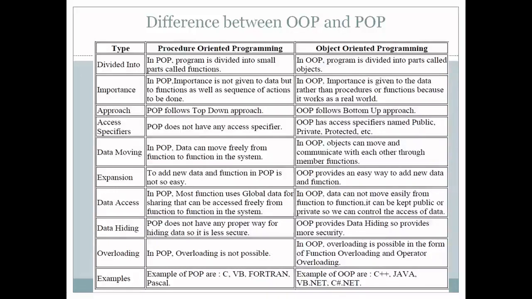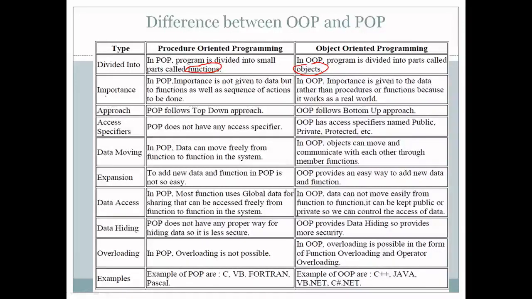First is divided into. Procedural oriented programming is divided into small parts called functions, and object oriented is divided into small parts called objects. So the program is divided into functions in procedural and into objects in object oriented language.